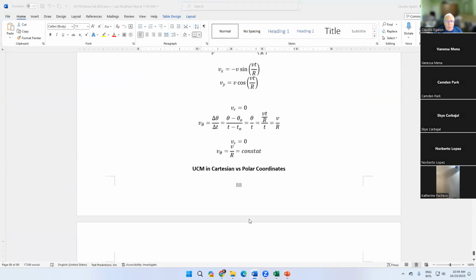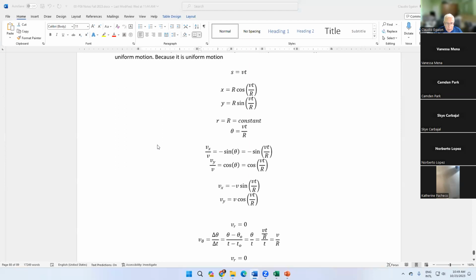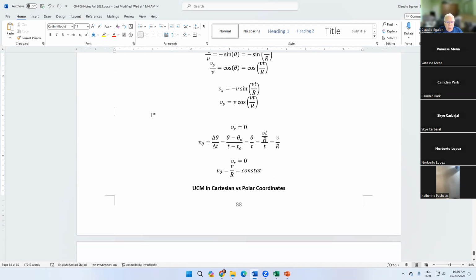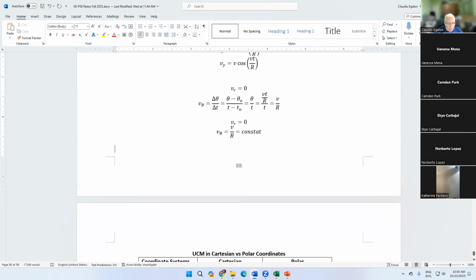But we must have a negative as well. Now the x component, and I'm gonna use these two here, and all I have to do is change the letters.